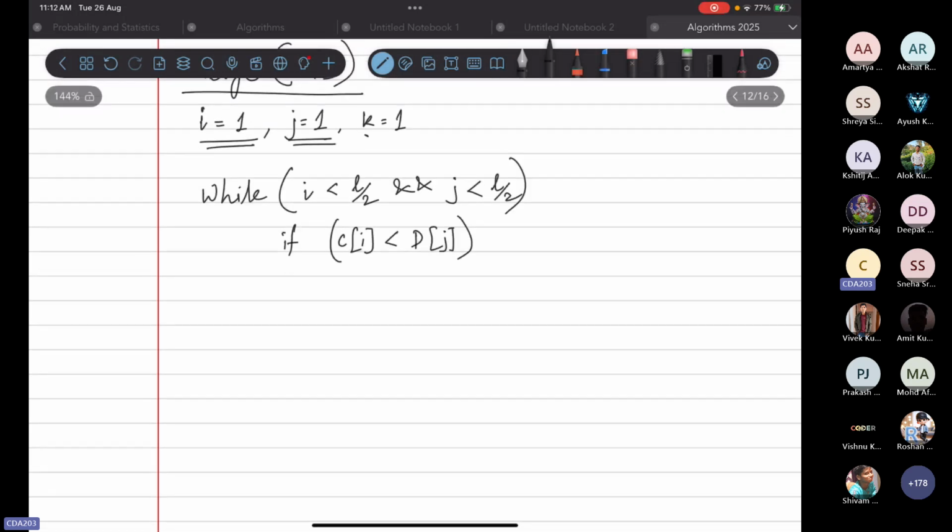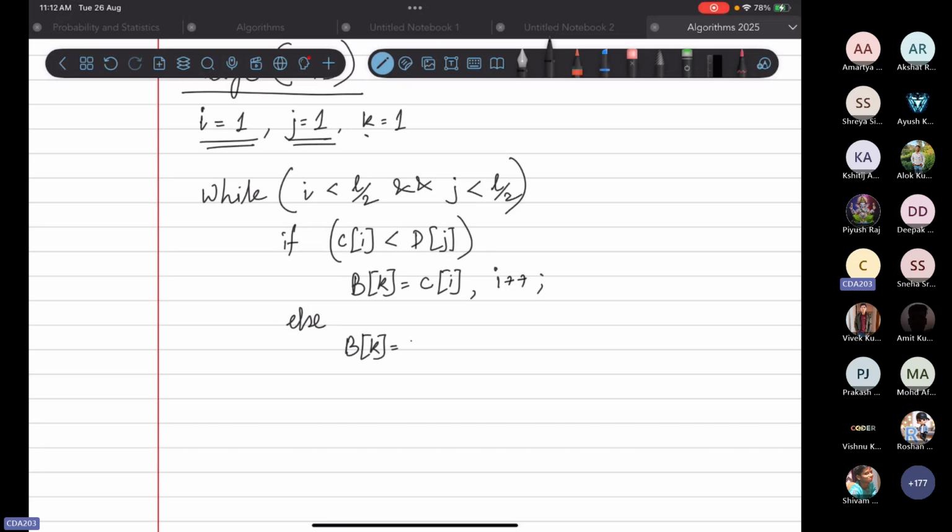That's what we're saying. So I'll be writing Bk as Ci, and I'll increment this I. And if Dj is the minimum between Ci and Dj, then I'll do just the opposite of this.